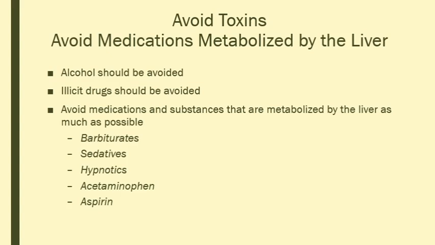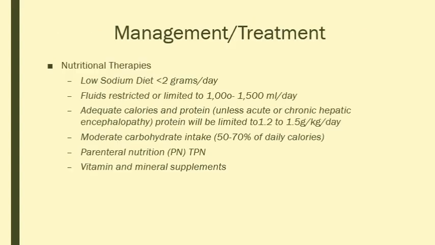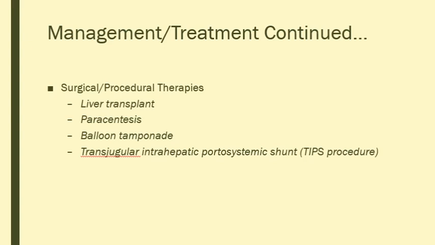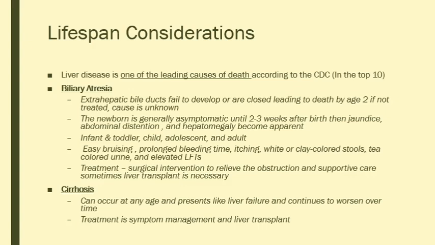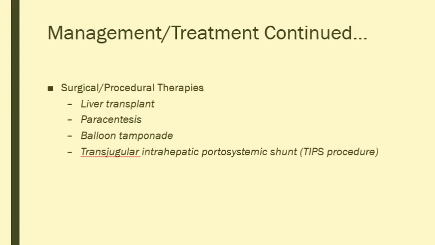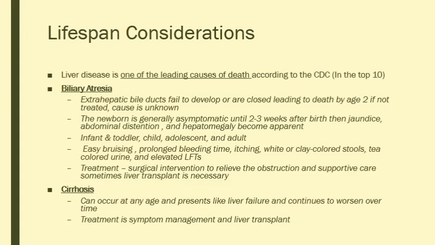All right, we talked about our toxins. We went through our management and treatment, our nutritional therapies, and surgical procedures. We talked about lifespan considerations, which I think I actually skipped, so let's go back through it. I apologize, y'all. We talked about liver disease being one of the top leading causes of death according to the CDC.